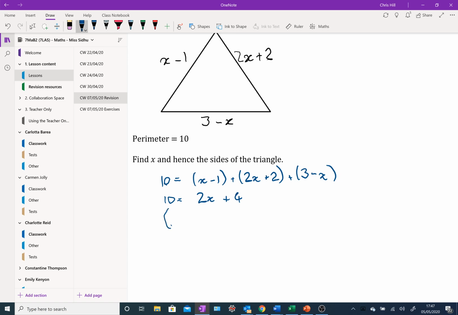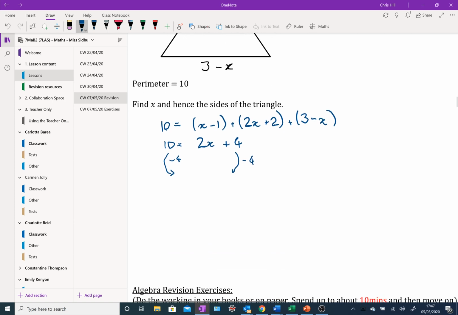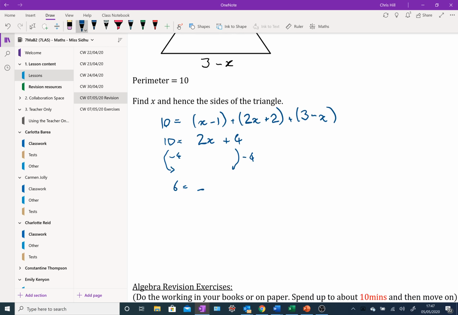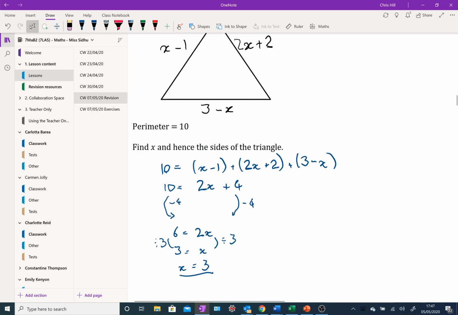Now we can solve this in the normal way. We need to minus 4 from both sides. And we're now at 6 equals 2x. Divided by 2, 3 equals x. That solves for x, and then we can write down the various sides.